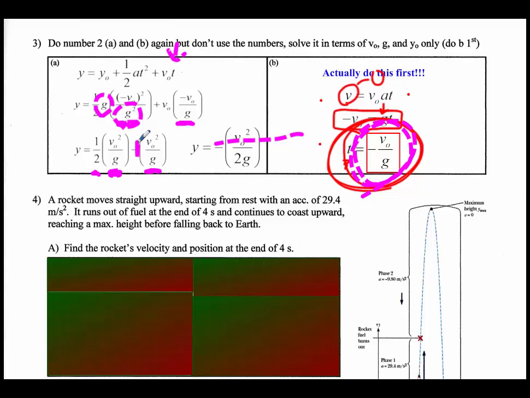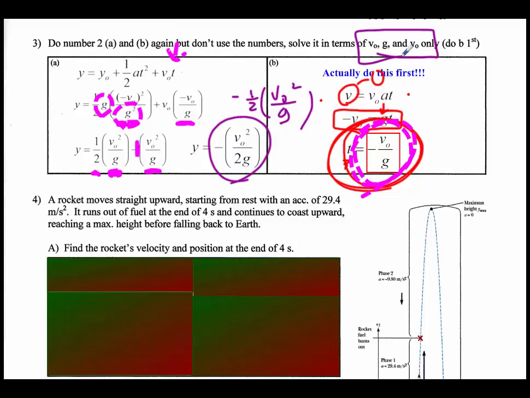So that ends up with this equation here. I know that there's this 2g on the bottom, you could just have left it negative 1/2 times V0 squared over g. And looking at it, wow, that's really sloppy handwriting. It is in terms that they were looking for.